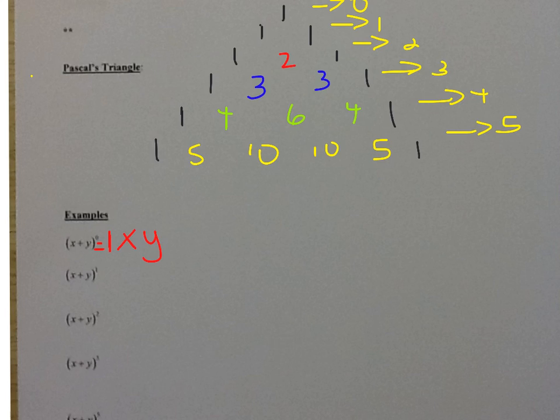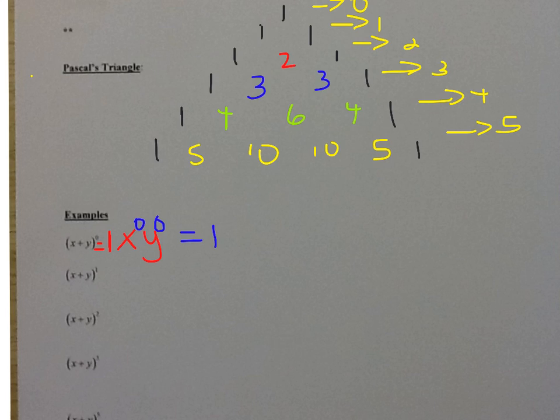And then your x is going to start at whatever exponent you have here, which is a 0. So it's going to be x to the 0 power. Now y always starts at 0, and it'll go up to the exponent. So that's it, because my exponent is 0. And then anything to the 0 power is equal to 1.